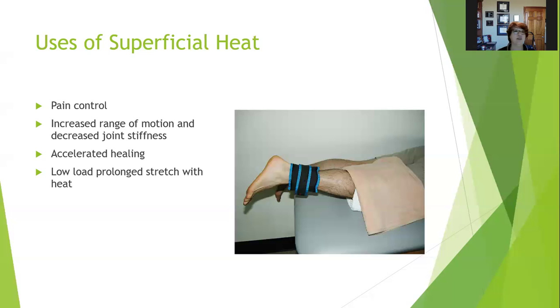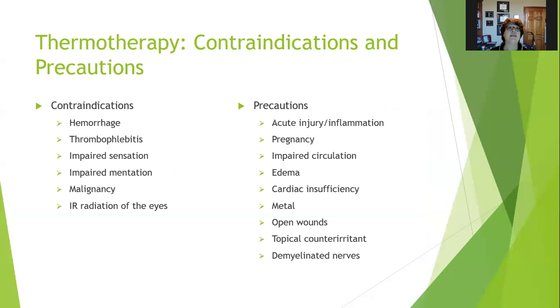So that low load prolonged stretch with heat was a really sort of benign thing that the nursing assistants could do before his therapy session. And then he could come into therapy and we could do the rest of it. And we really got some good range of motion restored in his joints. So it was well worth it to use the thermotherapy.